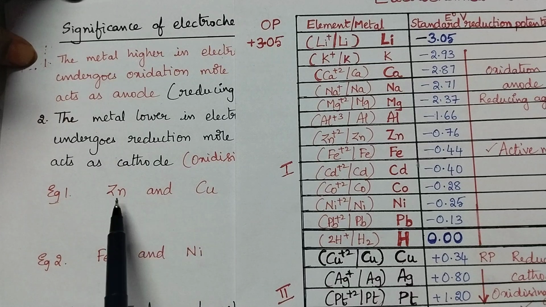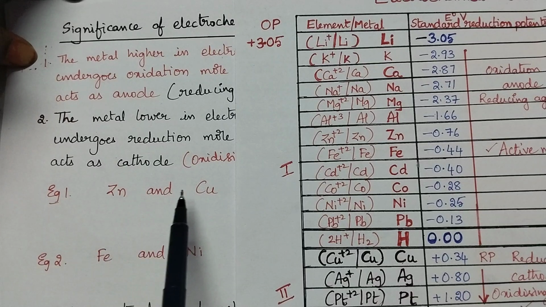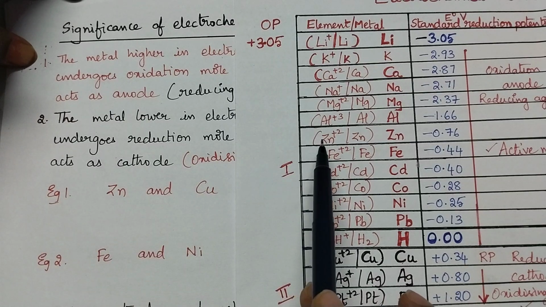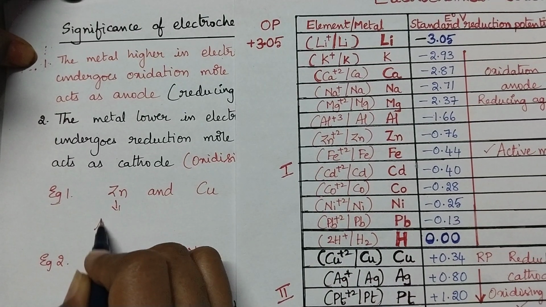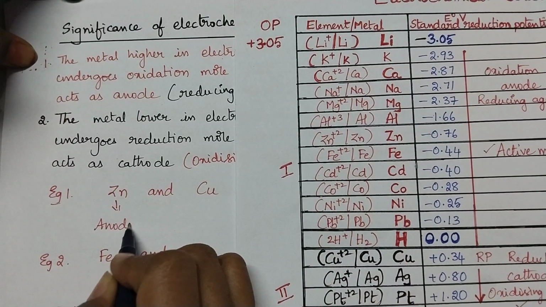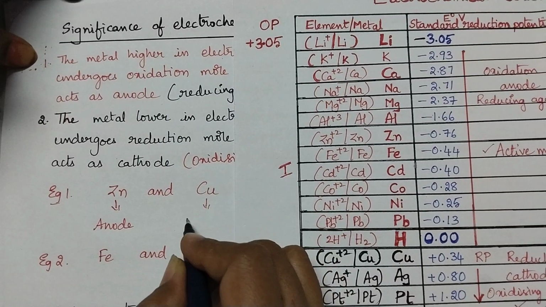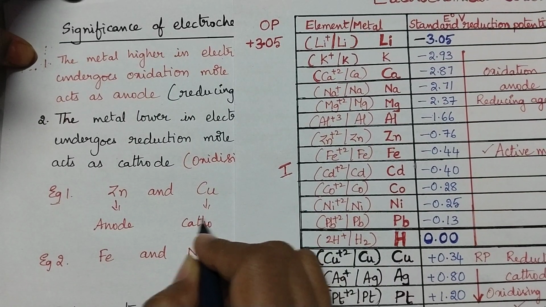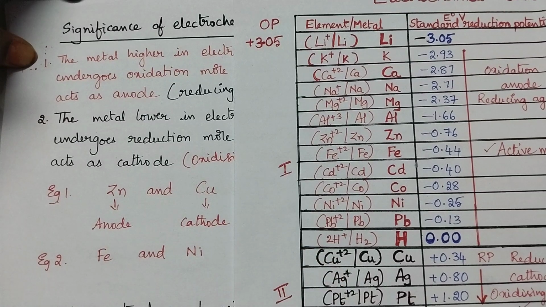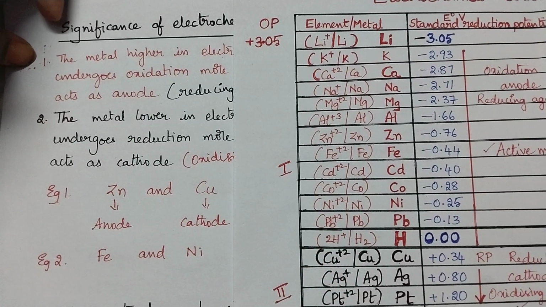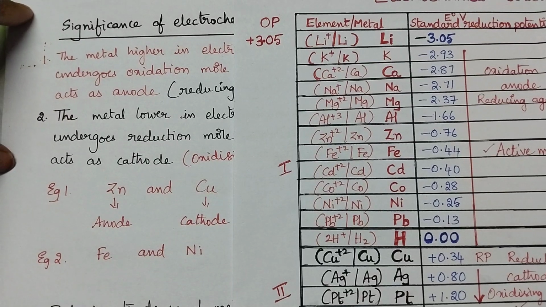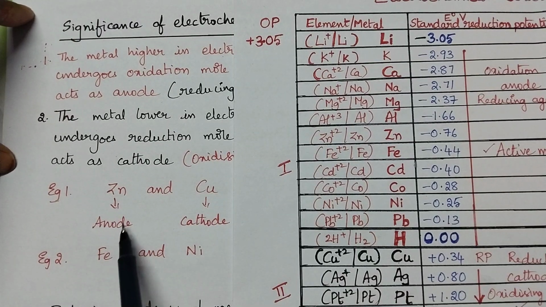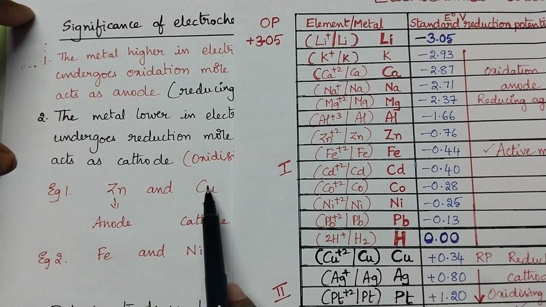So from these two metals, it is very clear that zinc occupies the top position and hence it acts as the anode, whereas copper acts as the cathode. Clear, students? From the position of the metals in electrochemical series, we can predict which metal will act as anode and which metal can act as the cathode.